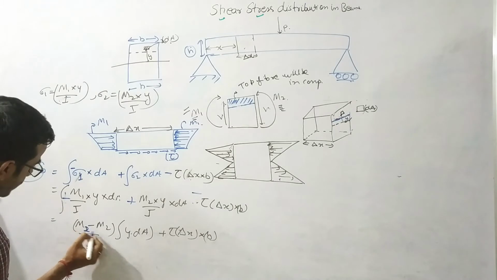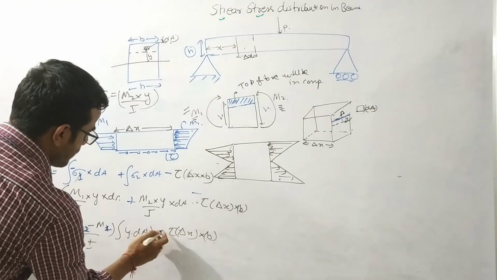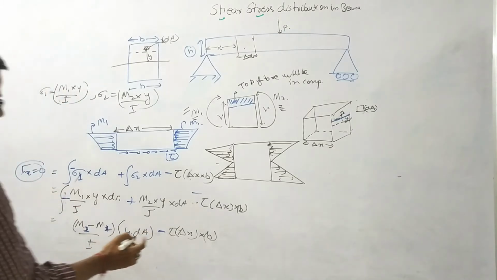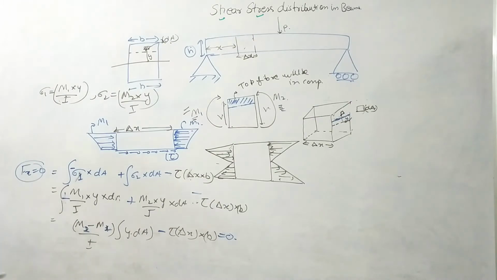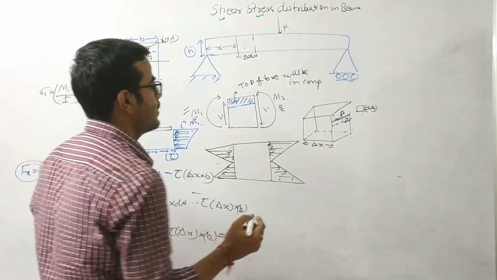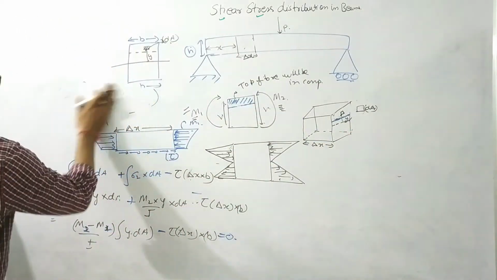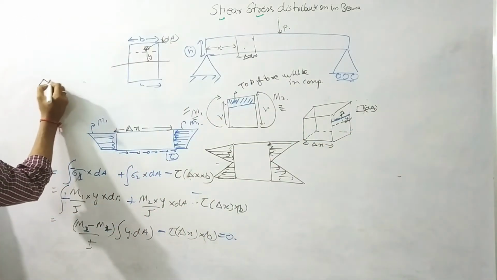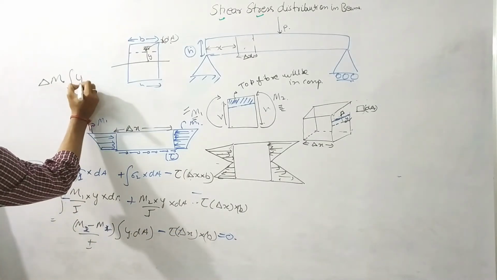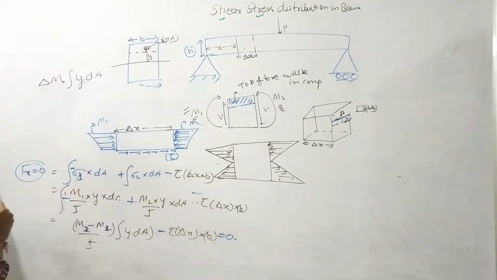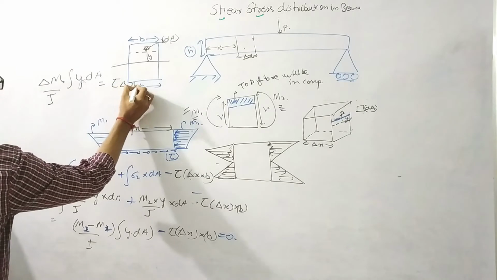So I can write M2 minus M1 over I into the integration of y dA, minus tau delta x b equals 0. M2 minus M1 we can write as delta M. So delta M over I into the integration of y dA equals tau delta x into b.